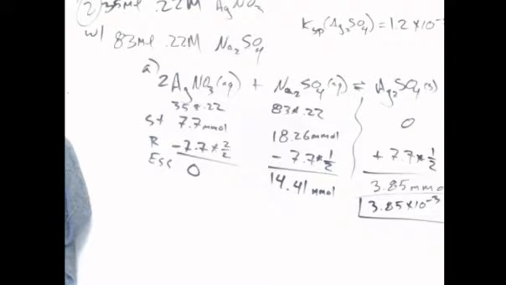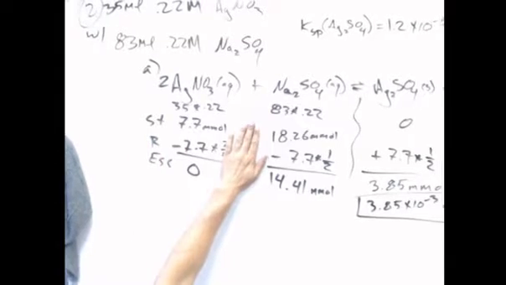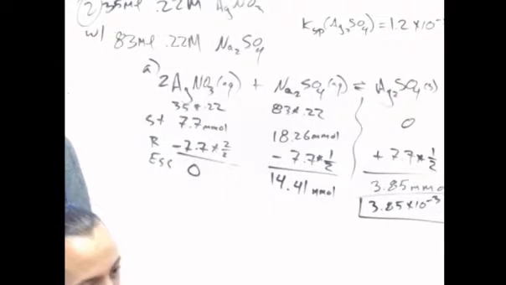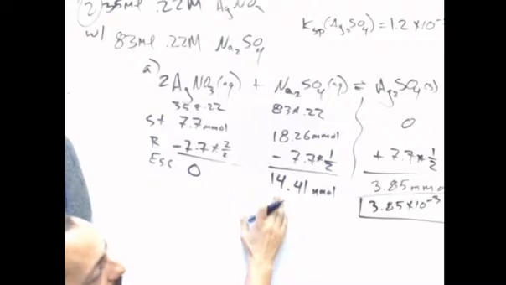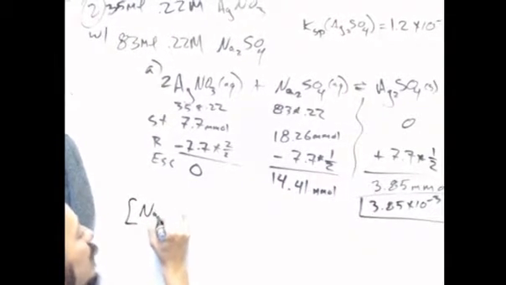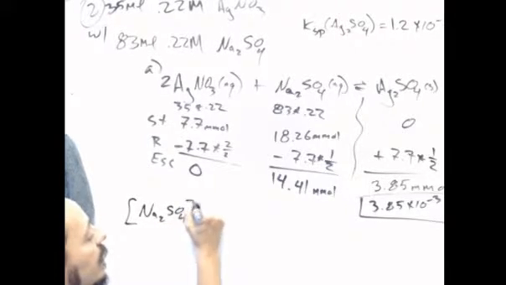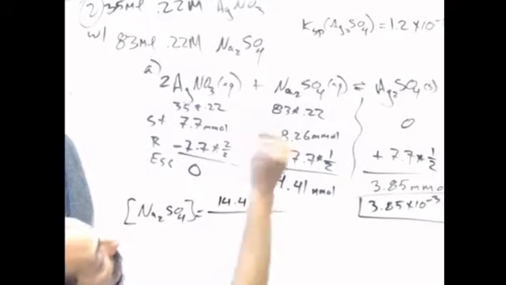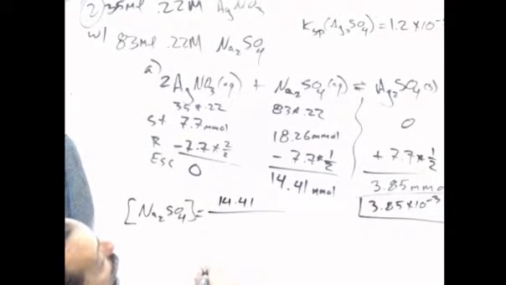So part B is what is the excess reactant and its concentration? Sodium sulfate is the excess reactant. What is the concentration? And notice this is setting us up for the second part that we want to do, the redissolve. Because when I do the ice table, I want this in concentration. So the concentration of sodium sulfate is going to be 14.41 divided by 83 plus 35.